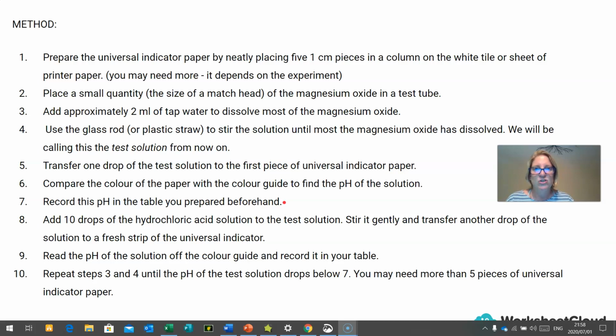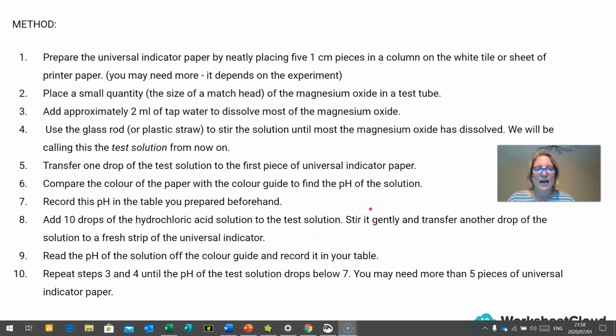So based on our previous knowledge, we would expect this pH to be in the region of 8 to 14, or it should be alkali, because we have taken a metal oxide and we've mixed it with water. Now we're going to start to see what happens when you add hydrochloric acid. So add approximately 10 drops of hydrochloric acid to the test solution.